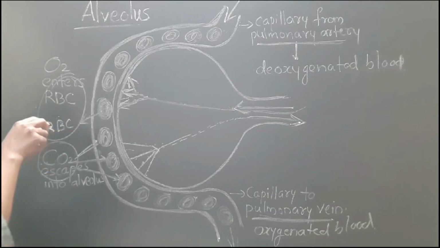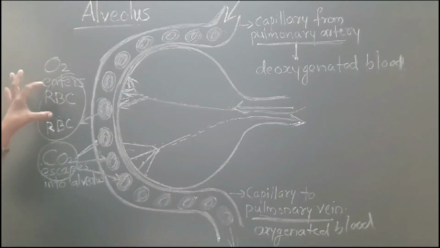In the cell, glucose is already there after the digestion of food, and the glucose breaks down with the help of oxygen. The end products of this breakdown are carbon dioxide, water and energy.